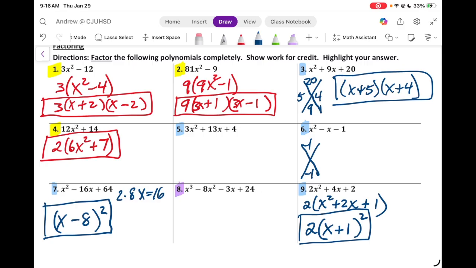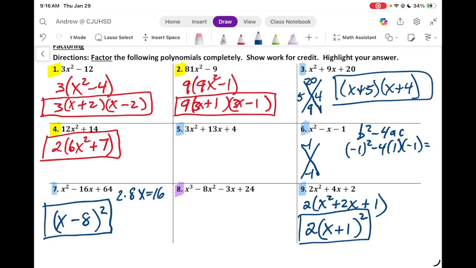Well, there is a way to check to see if this is factorable. You take a piece of the quadratic formula. You take b squared minus 4ac, and you apply it to the expression. So that would be -1 squared minus 4 times 1 times -1.